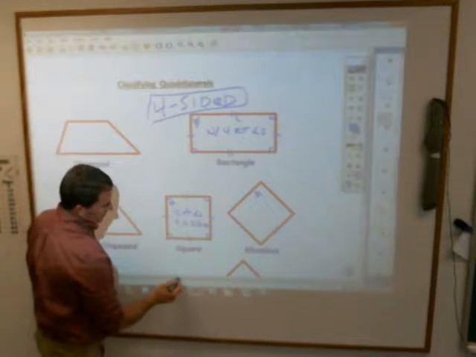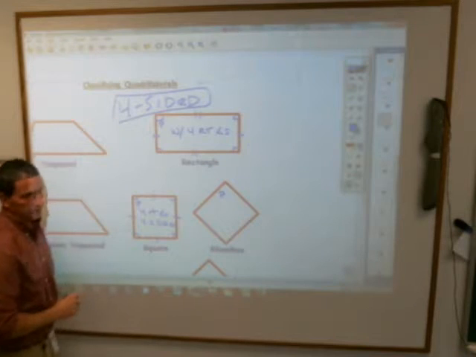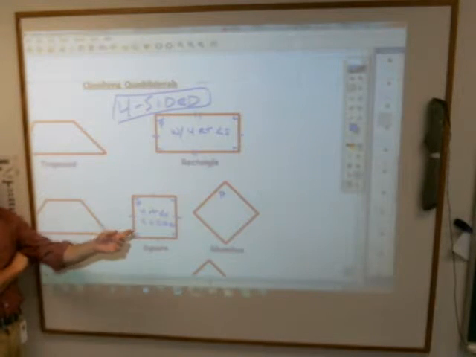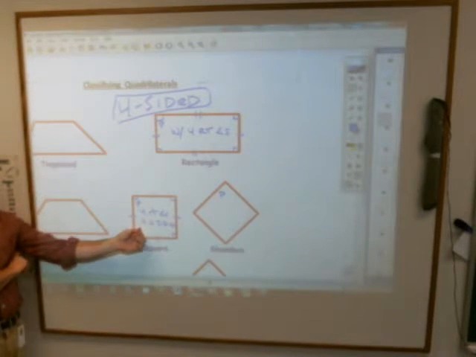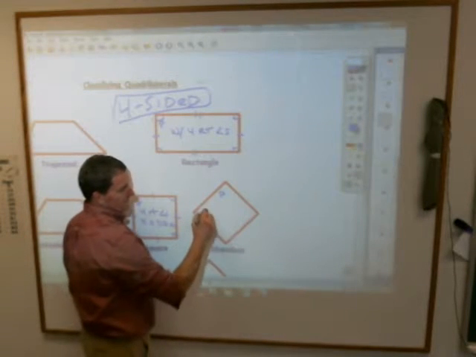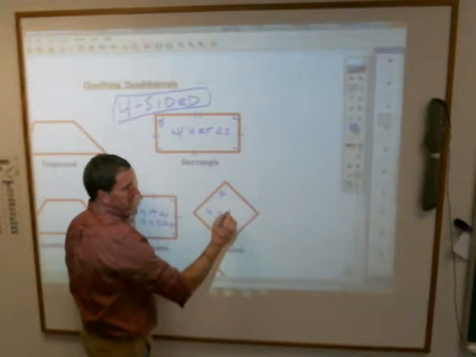Is a rhombus a rectangle? That is the question. Yes or no? Now I should rephrase that. Are all rhombuses rectangles? No. Could a rhombus be a rectangle? Yes, as long as it is a square rhombus. But the only definition of a rhombus is four equal sides.